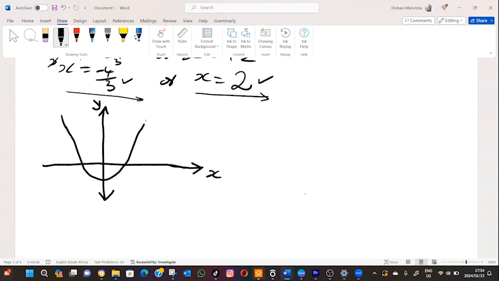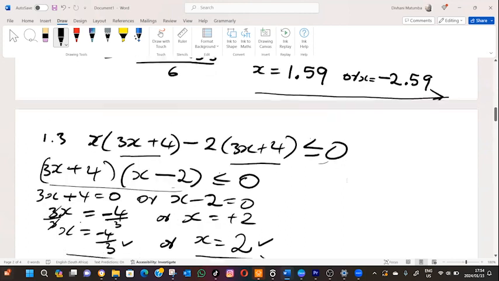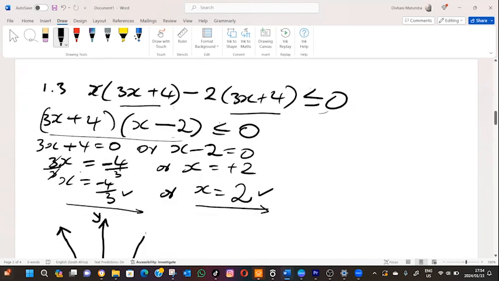So this is a happy graph because your A value is positive. To see how your A value will be, if you multiply these two extreme x values, 3x multiplied by x, you will get a positive 3.